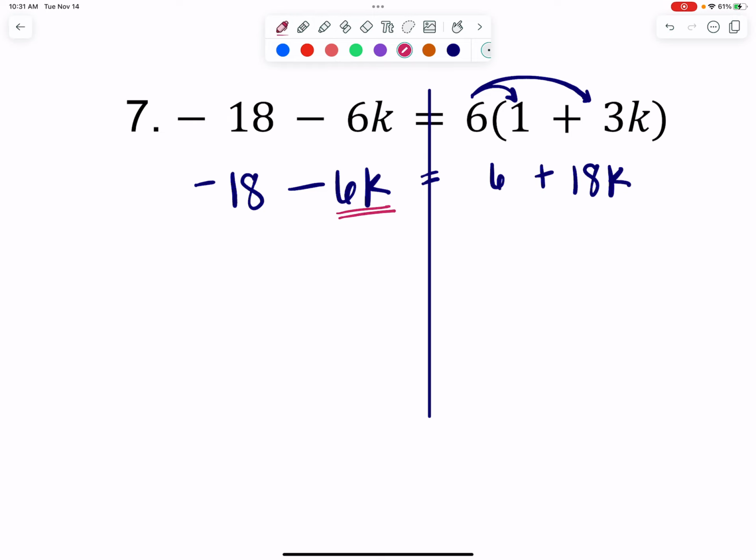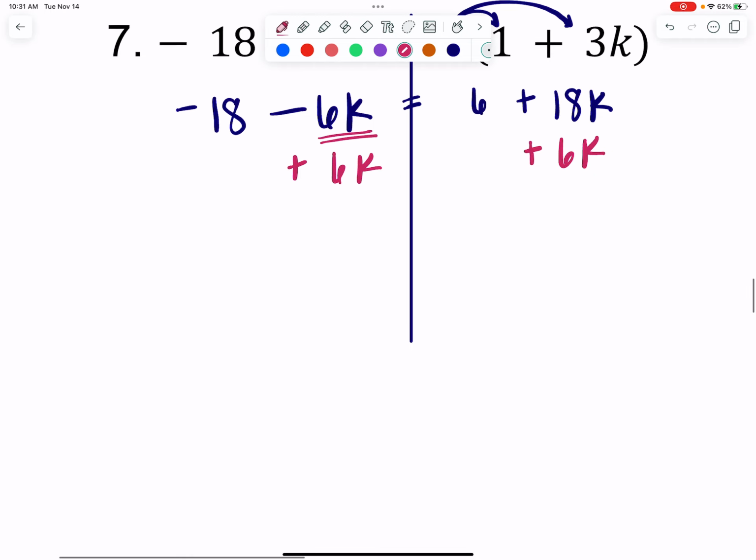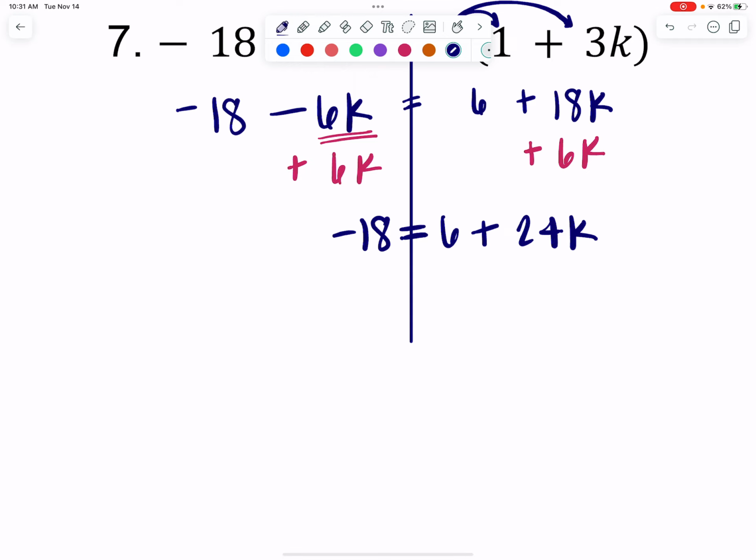The opposite of negative 6K is a positive 6K. So I'm going to add 6K to both sides. That'll give me a negative 18 on the left and a 6 plus 24K on the right.